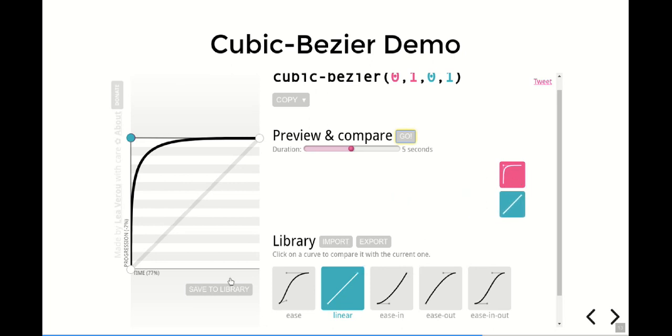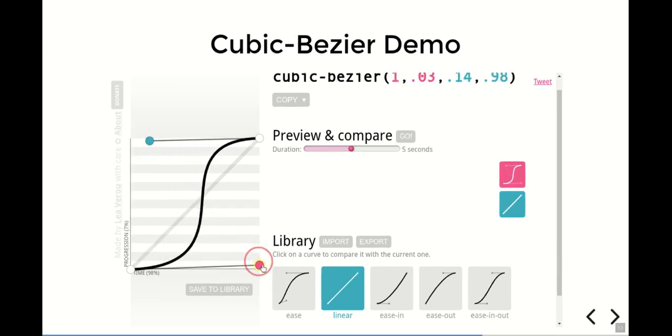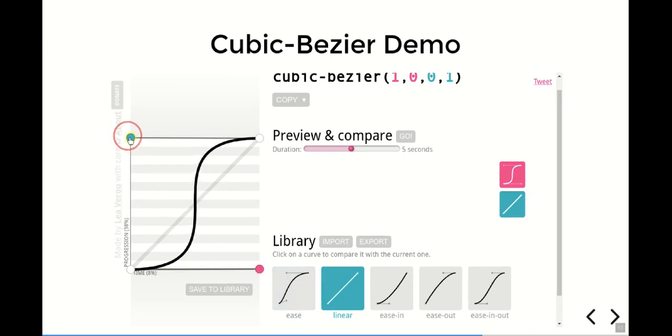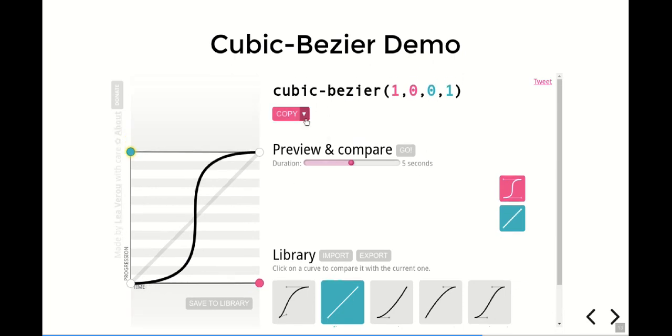It creeps to the finish line over here. Similarly, if we pull these the other way, so last time we had these set in a different shaped S, like a reverse S, this should be slow, then fast, then slow.